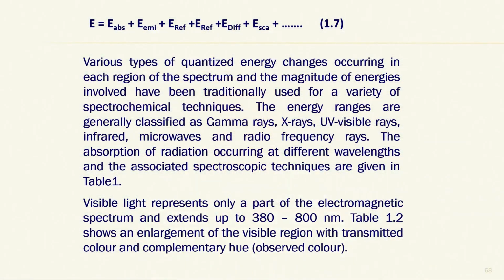The absorption of radiation occurring at different wavelengths and the associated spectroscopic techniques I have listed in table 1, that is coming in the next slide. So, I am going a little bit ahead and coming back again. Okay.